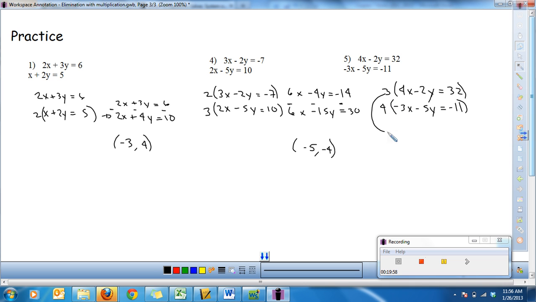For that top equation, you would have had 12x minus 6y equals 64. And for this bottom equation, you would have had a negative 12x minus 20y is equal to negative 44. You could have gotten rid of these by adding, and so you would have added everything else, and your solution should have been 7, negative 2.